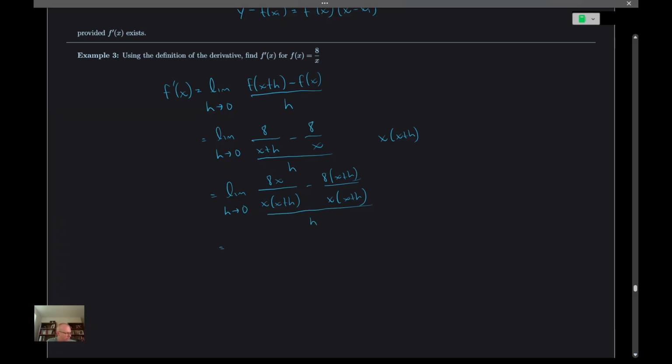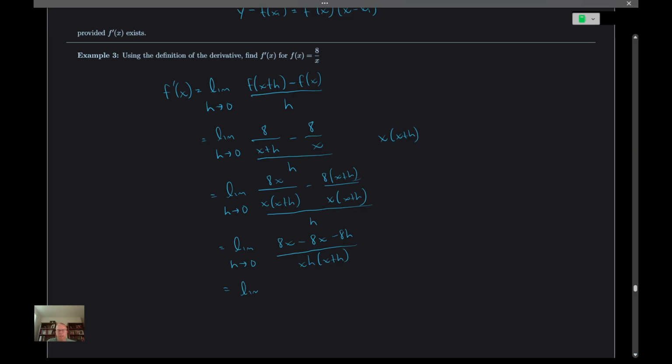So we get the limit as h approaches 0 of 8x minus 8x, we'll distribute this 8, minus 8h over x times x plus h. So we can just join this denominator with this denominator now.